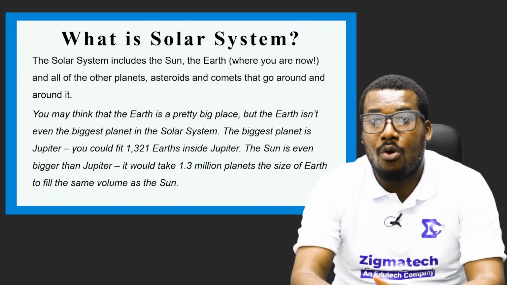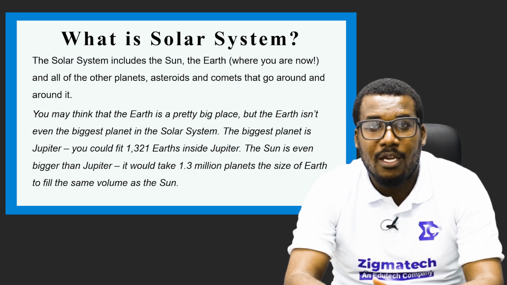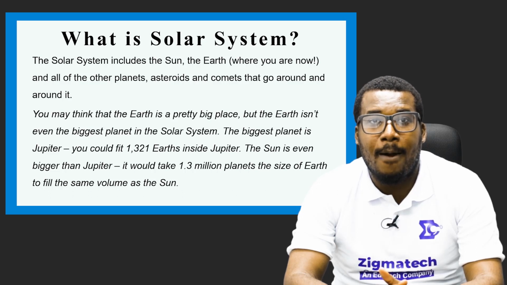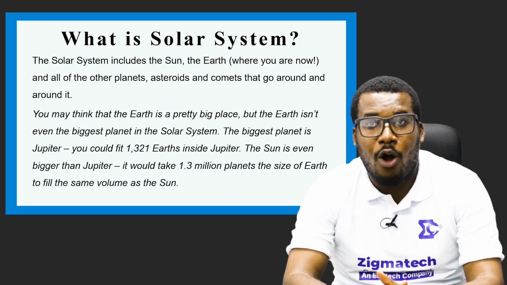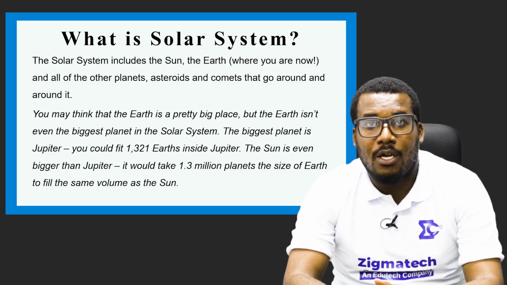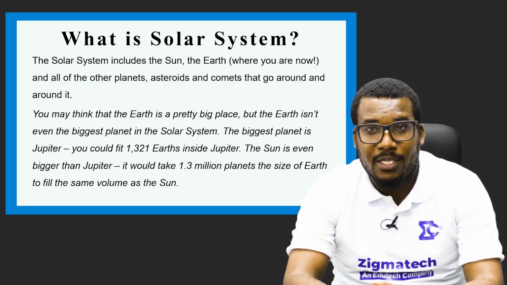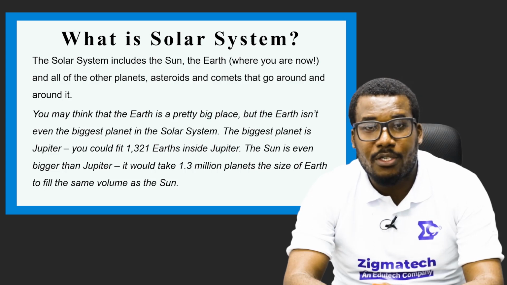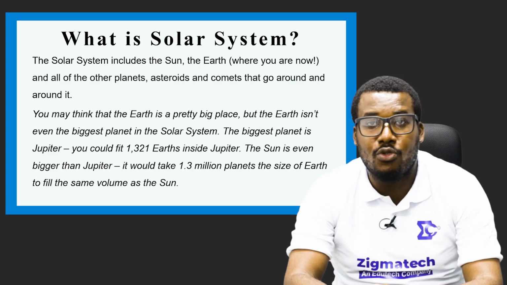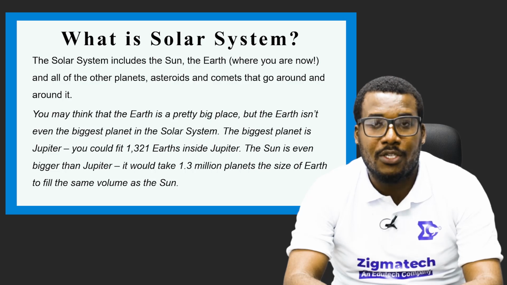Now, what is the solar system? The solar system is a combination of all the celestial bodies, which includes the sun, the 8 planets, which includes our Earth, where we are right now, the asteroids, the comets, and also the dwarf planets, alongside the moons of all the planets that go around the sun.